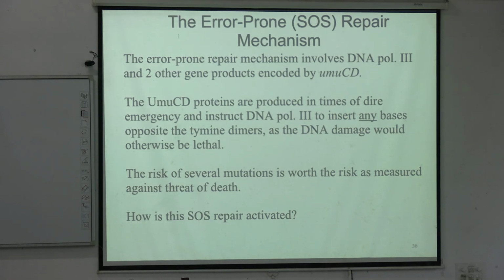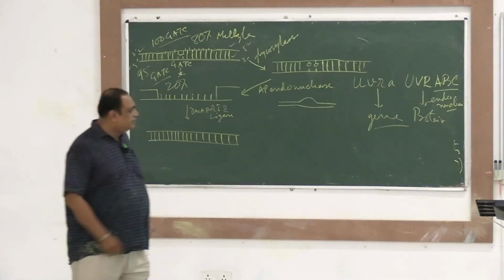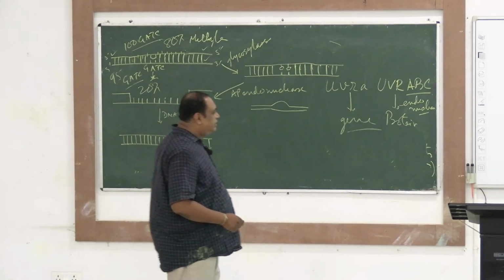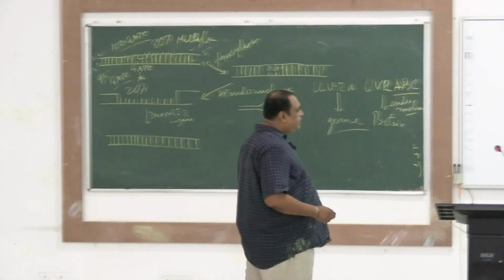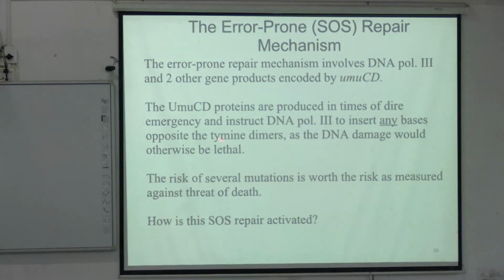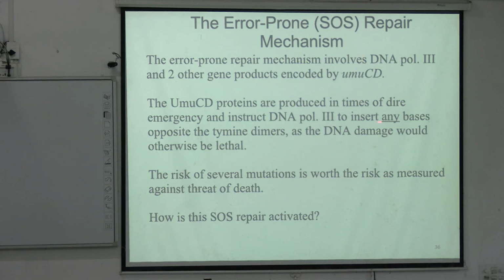These two gene products, UMUC and UMUD, correct? What do these two products do? On an emergency basis they instruct DNA Pol 3 to insert any bases opposite to thymine dimer, as DNA replication must go on with some sort of mistake.